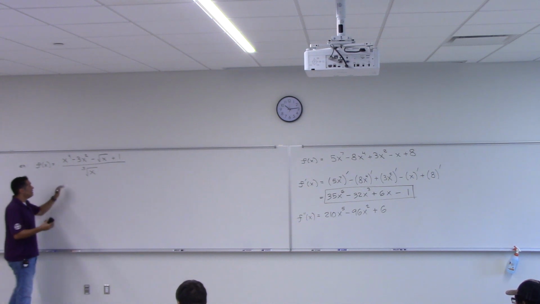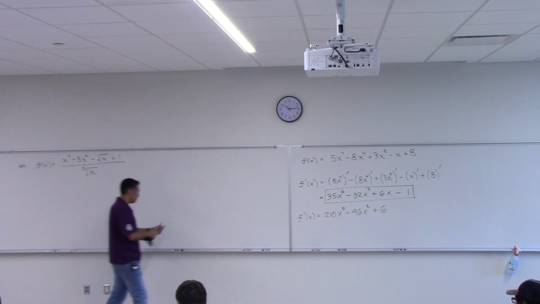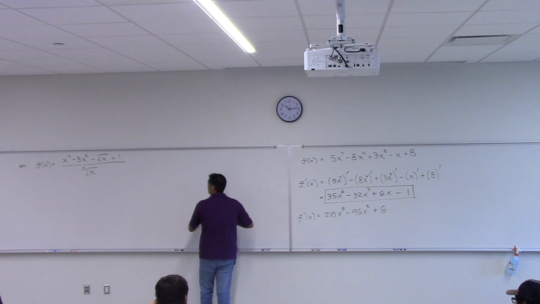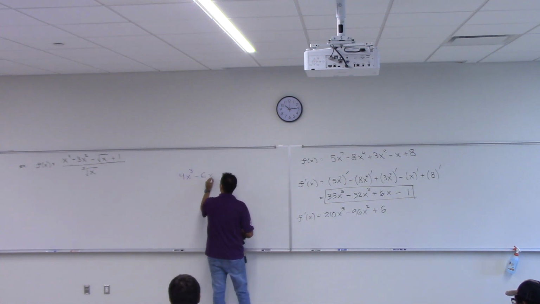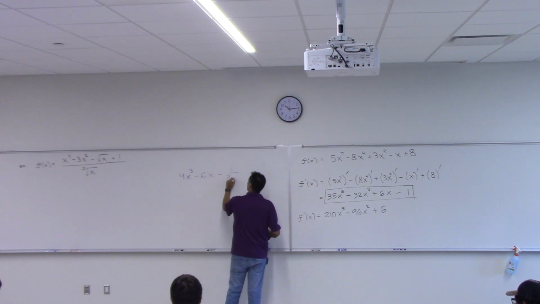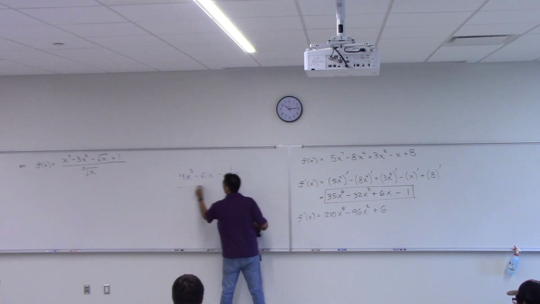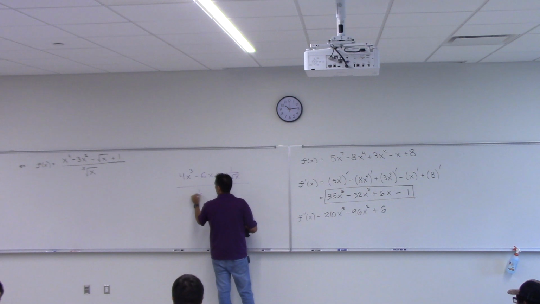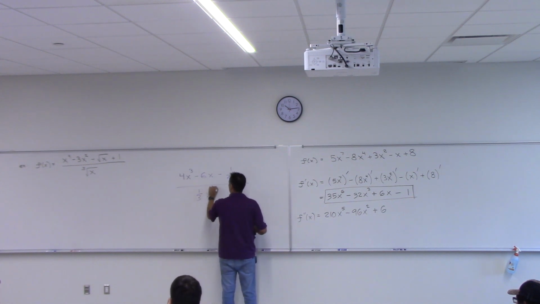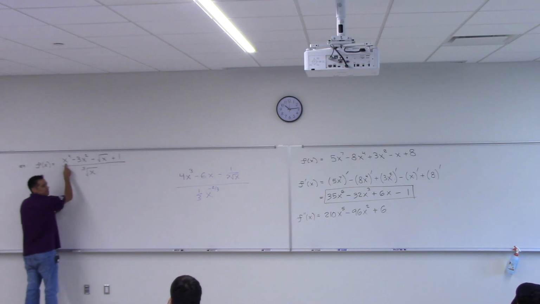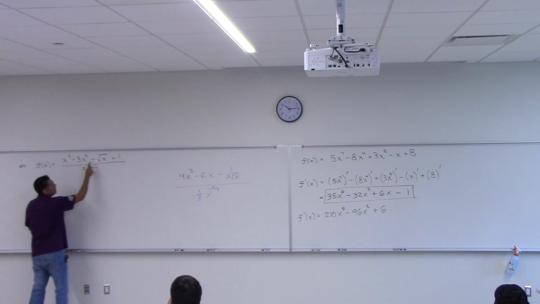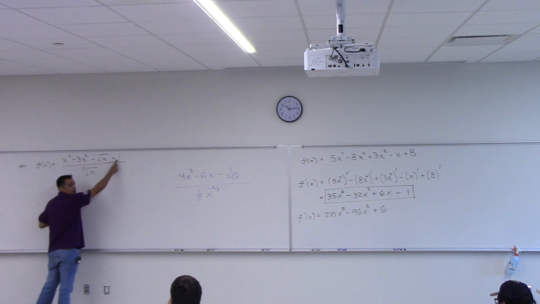The biggest mistake I see people make on a problem like this is they give me this answer: 4x cubed minus 6x minus 1 over 2 root x, over 1/3 x to the negative 2/3. I went fast here, but see what I did. Derivative of this, derivative of this, and the derivative of that is 0.